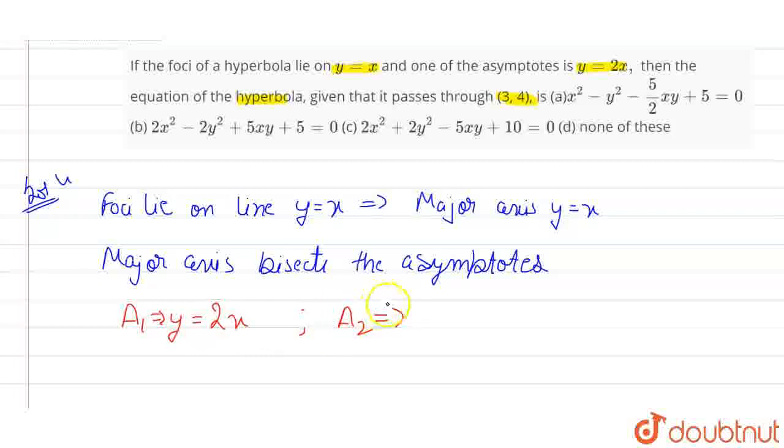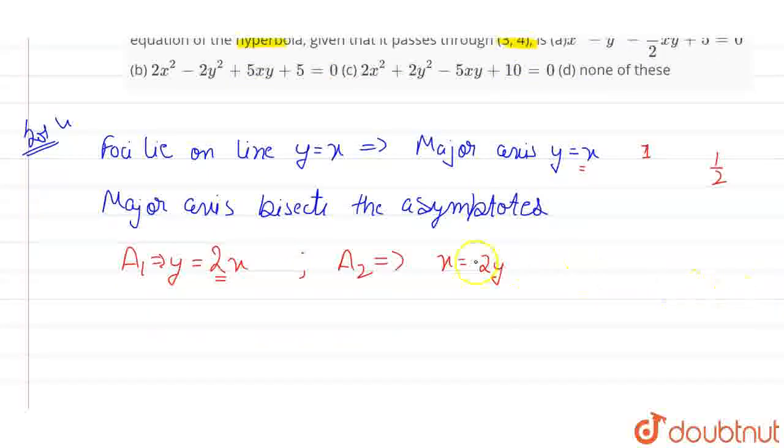Look, the slope of the line y equals x is 1, and this is what bisects the asymptotes equally. The line y equals 2x has a slope of 2, so the second asymptote will have a slope of 1 by 2, so it will come out as x equals 2y. Whenever the major axis bisects the asymptotes, in that case y equals 2x and the other asymptote becomes x equals 2y in this specific question.